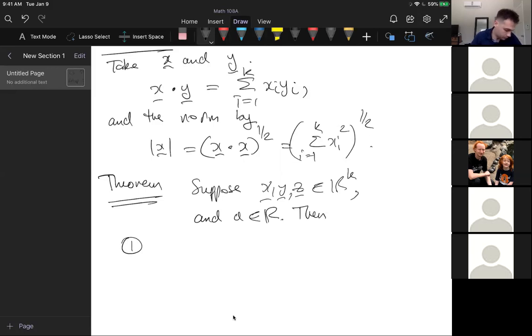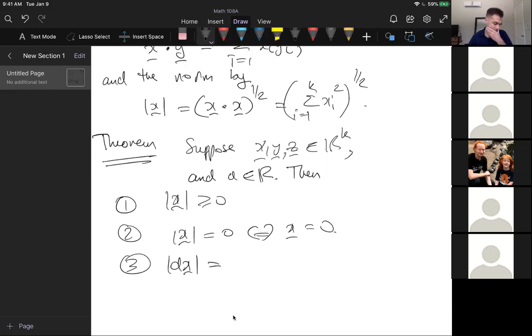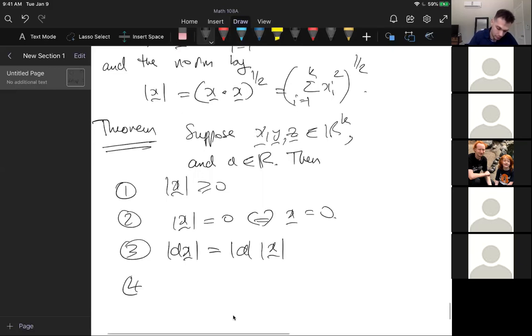Then 1, the norm is always non-negative. 2, the norm is 0 if and only if the vector is 0. 3, if I multiply a vector by a scalar and take the norm, it's just going to be the norm of the scalar times the norm of the vector. 4, the dot product: if I take the absolute value of a dot product, it's less than the norms multiplied.